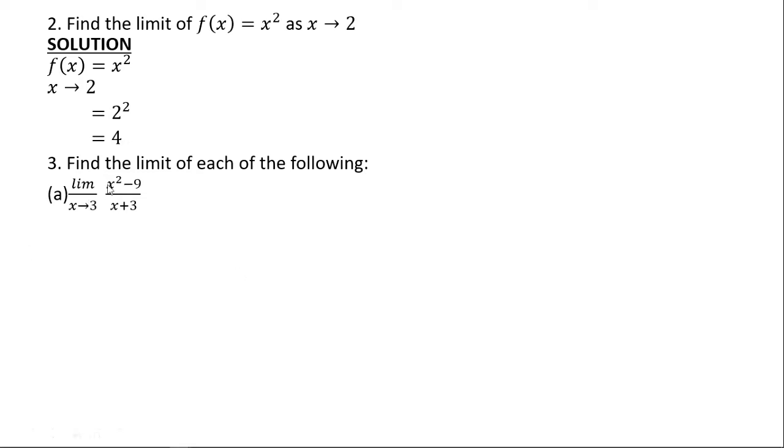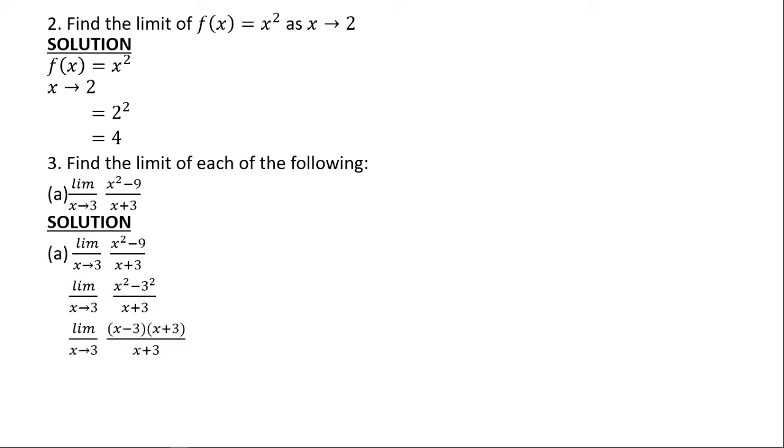We can always express this 9 as 3 squared, so it is x squared minus 3 squared over x plus 3. A difference of 2 squares is the same as the difference of the bases times the sum of the bases. So that gives us x minus 3 times x plus 3.